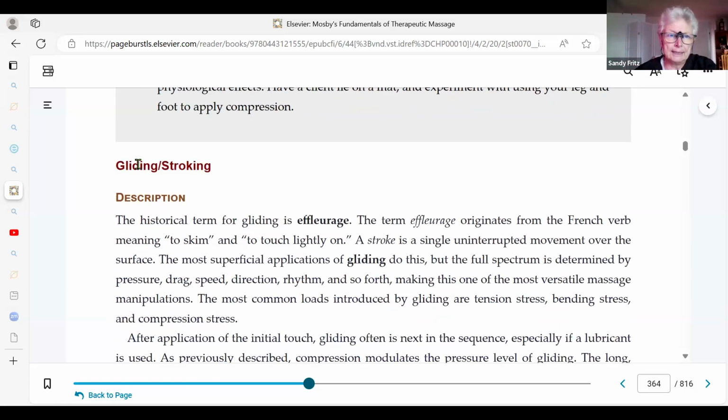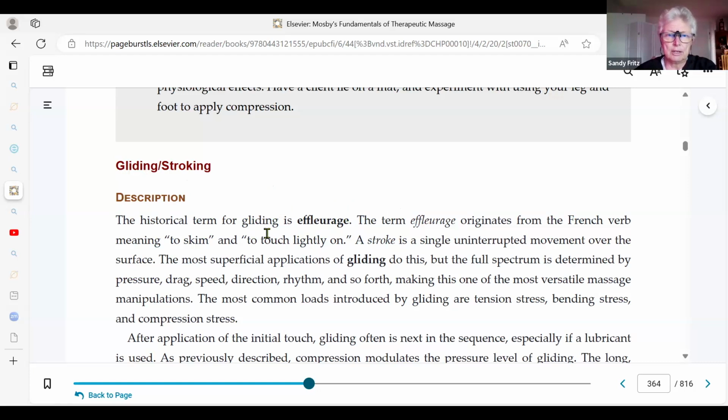So gliding, stroking, also in the classical system or Swedish massage system, effleurage. ELAP uses gliding and stroking. But you may encounter a question on the NBLEX that uses the term effleurage.